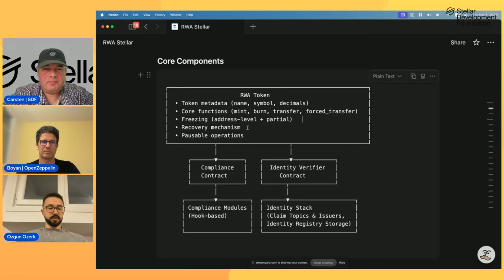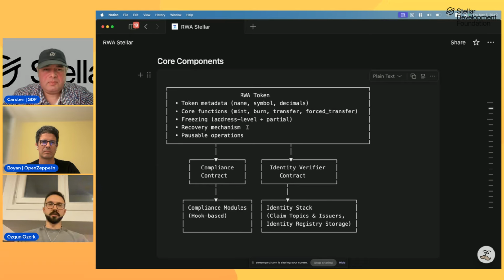We also provide recovery mechanisms in RWA. In case you lose your private key, the authorities can recover your wallet by sending your balance to another wallet, along with all the account-related information of yours as well.